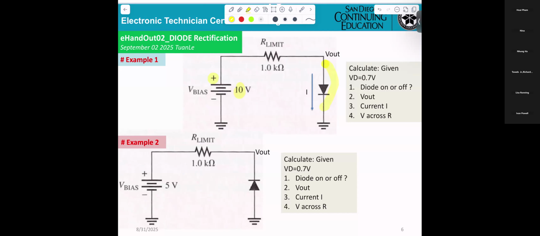Let's see what they do. Calculate given VD equals 0.7 volt. Now, if you're looking into the circuitry, how do we know the diode is on or off? Who knows? Let me know.